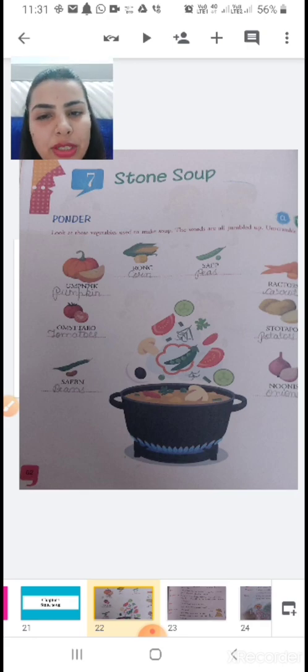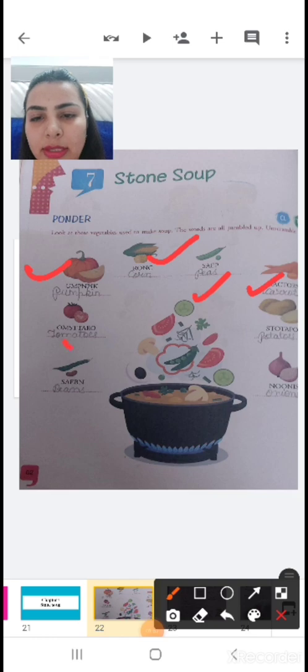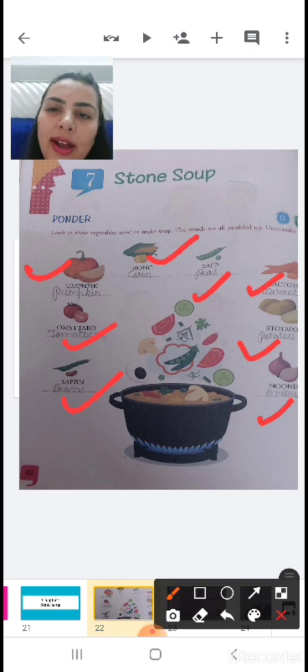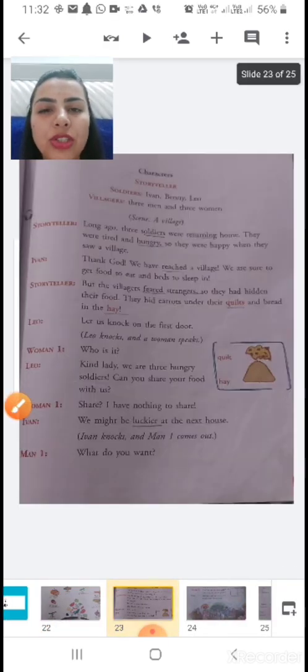You just have to unjumble them, like pumpkin, corn, peas, carrots, tomatoes, beans, potatoes, onions. So these are all the things which will make a soup. Okay, so after this we are going to start our chapter.